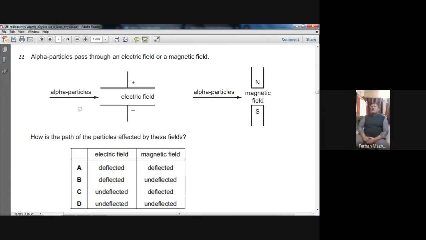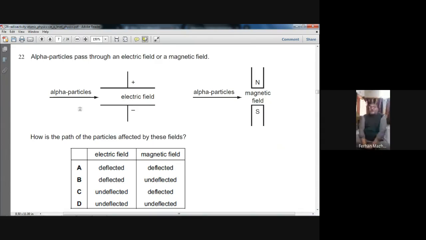Alpha particles pass through an electric field or a magnetic field. How is the path of the particles affected by these fields? Alpha particles are positively charged. So when they pass through the electric field, they will bend towards the negative. So they will be deflected. When they pass through the magnetic field, they will also deflect.